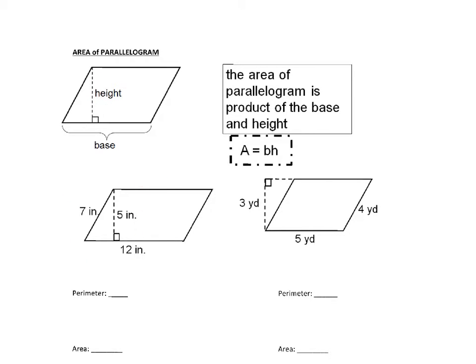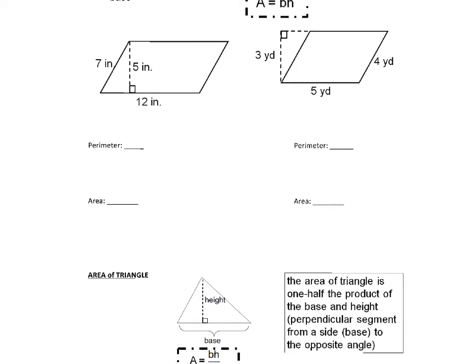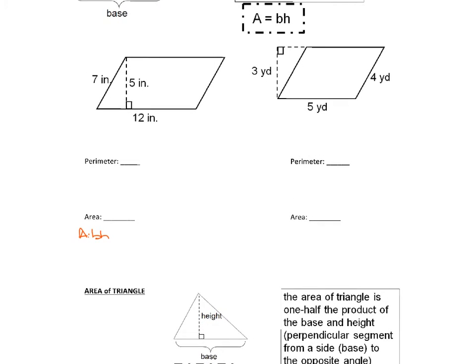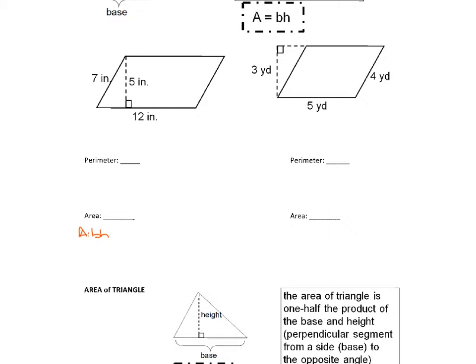So let's look at our first example. Now, we know that the area is base times height. And the first part that we're going to answer is the perimeter. And hopefully we do recall something unique about the perimeter of a parallelogram. And that's that opposite sides are congruent.